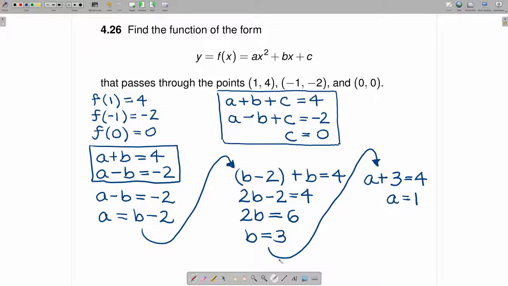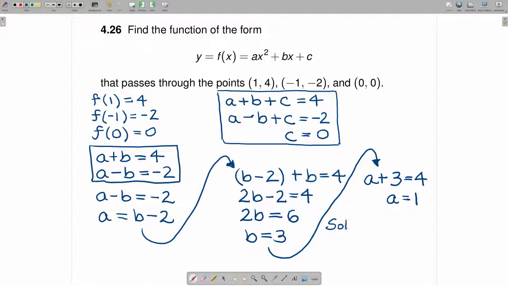So now we have all three pieces. a is equal to 1, b is equal to 3, and c is equal to 0. So to answer the question, I want to find the function of this form that passes through those 3 points. I have my a, b, and c, so I can write down that answer.